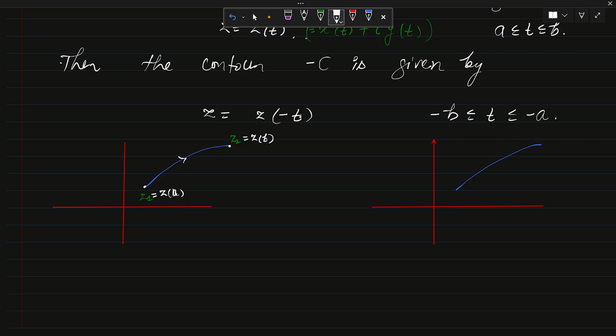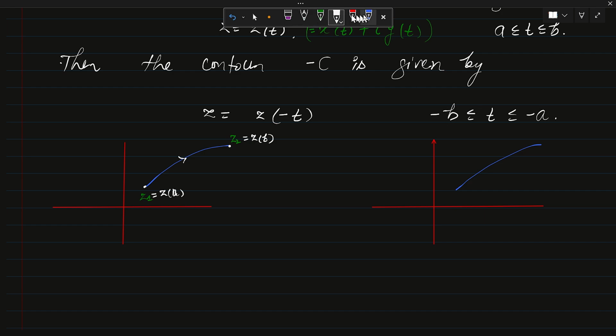Look here, when we start t, the initial value of t is minus b. So when we insert minus b in place of this t, we will have z(minus b), that is, the initial point of this contour is nothing but z(b). And when you come to the last point, this is minus a, and when you put minus a in place of t you will get z(a). That was the initial point of the contour C. But in case of minus C, z(b) is the initial point and z(a) is the ending point.